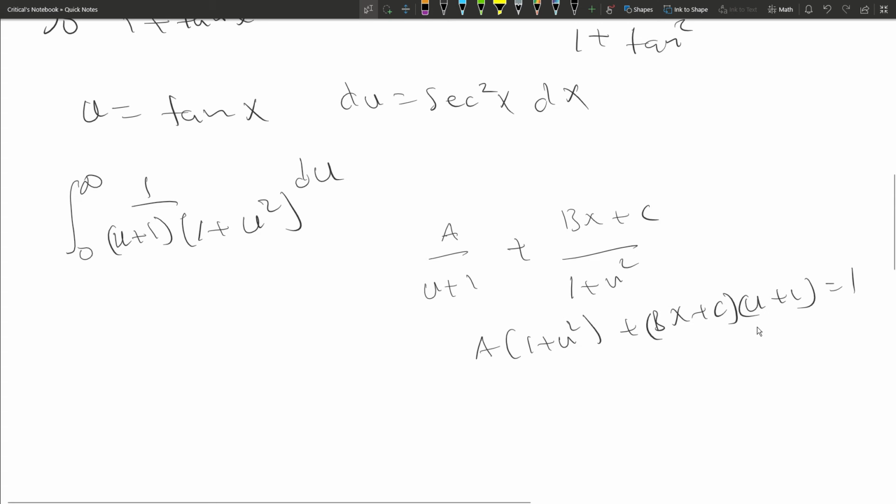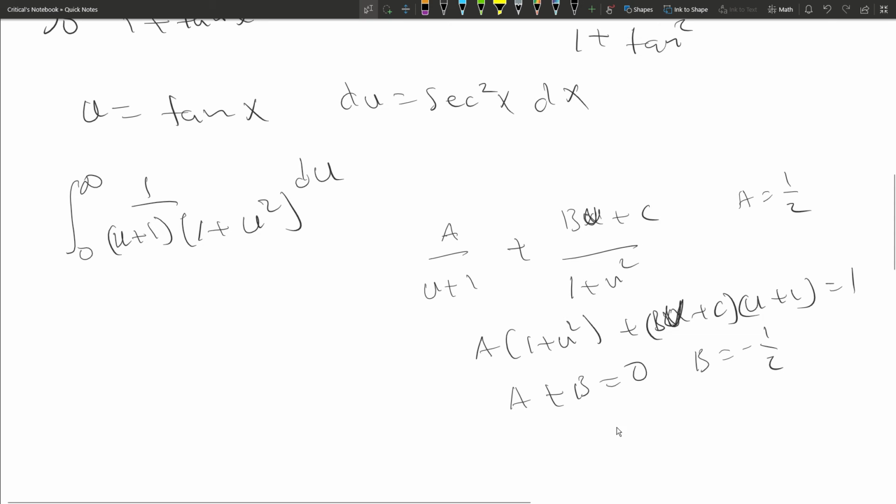If I plug in minus 1 for u, this goes away, and then this becomes 2, so A is 1/2. And then when we look at the terms for u squared, we have A plus B equals 0, so B is minus 1/2.